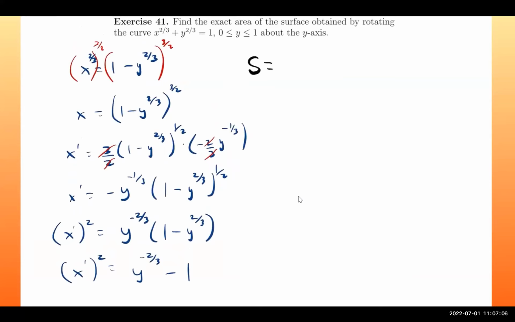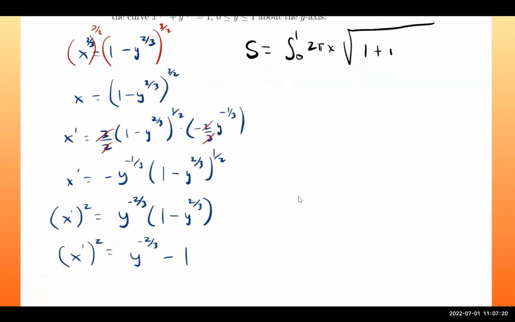Okay, so now we can plug it into the surface area formula, which says we're going to have the integral from 0 to 1. Those are our limits for y. And it's going to be 2 pi x this time, times the square root of 1 plus the derivative squared, which we just found to be y to the negative 2/3 minus 1, with respect to y this time. We got the simplification there.